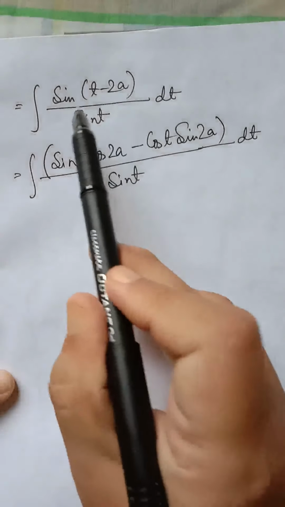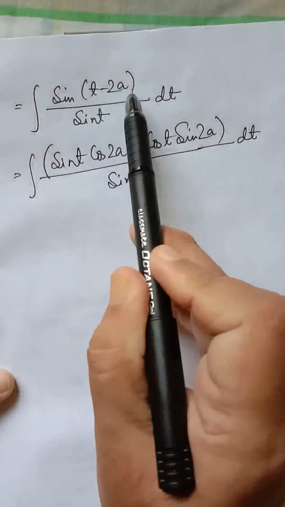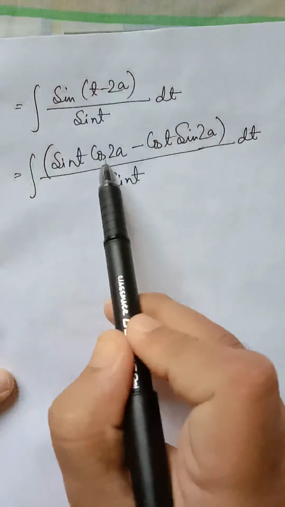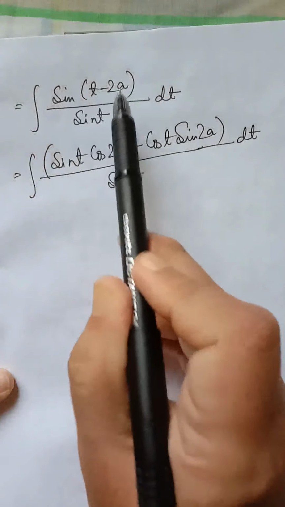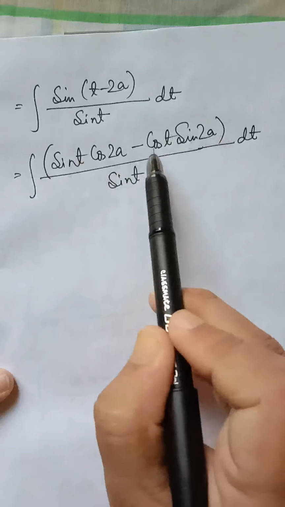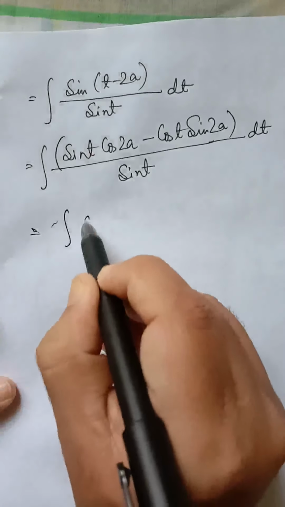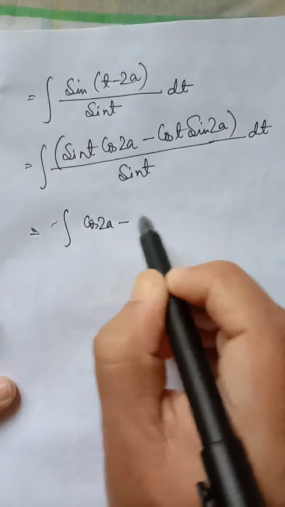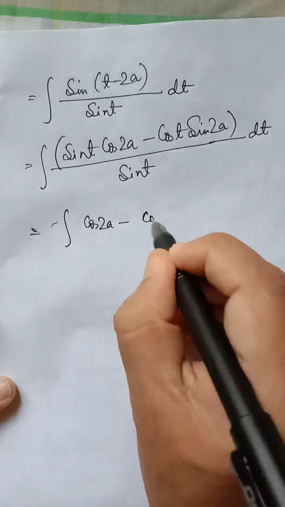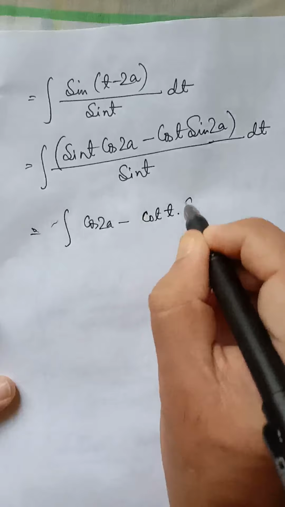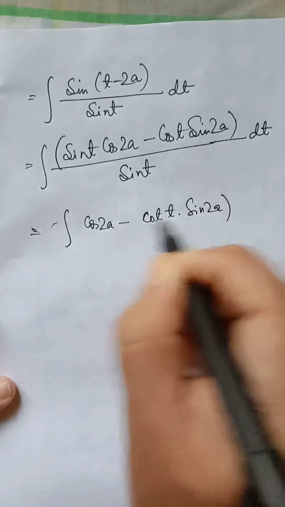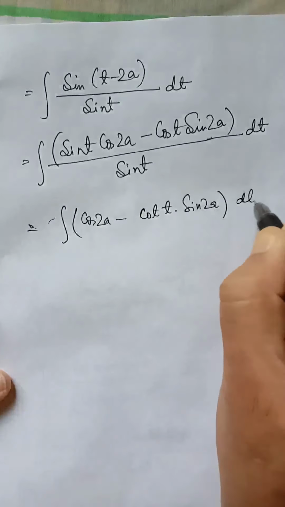Now applying the formula for sin(a − b), we get sin t cos 2a − cos t sin 2a, since sin(a − b) is sin a cos b − cos a sin b. Now dividing by sin t, we get (cos 2a − cot t sin 2a) dt.